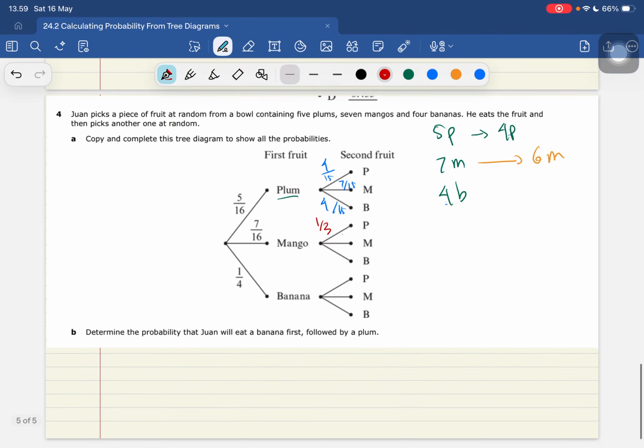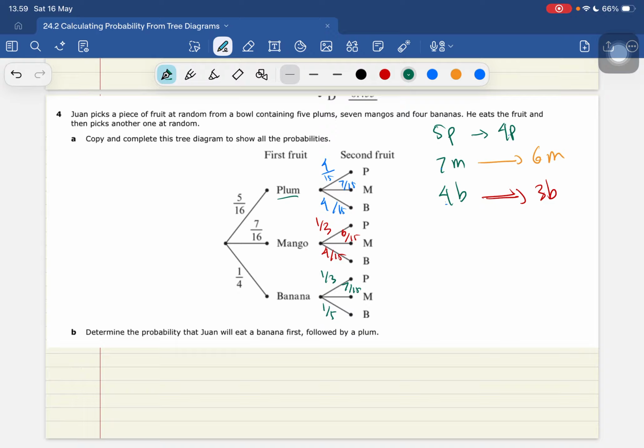Mango is 6/15, and here bananas is 4/15. Now for bananas, the bananas will become 3, while the rest are equal. So 5/15 is 1/3. Here is 7/15 and 3/15, or simplified to be 1/5.